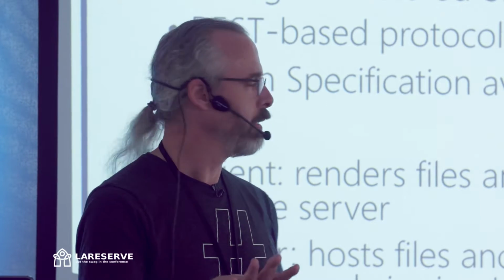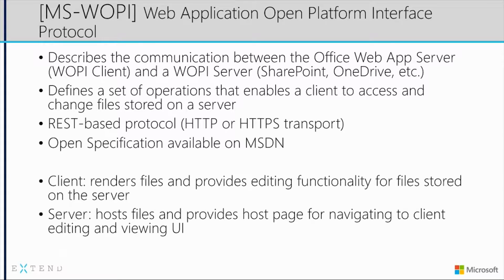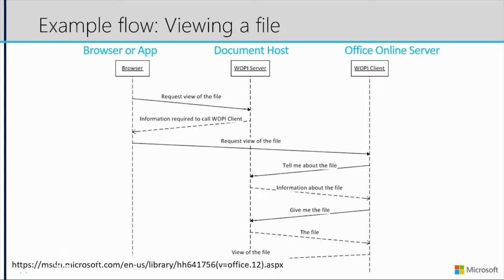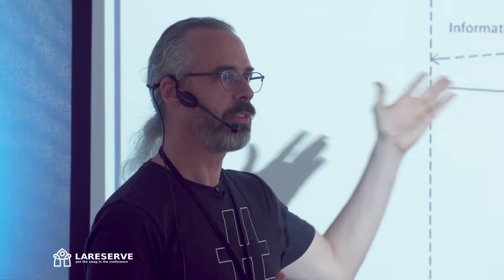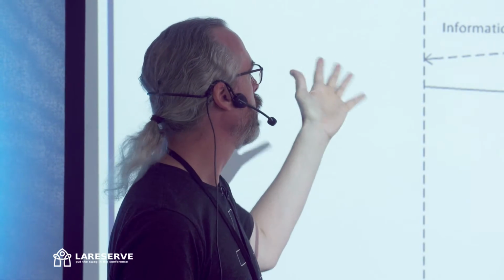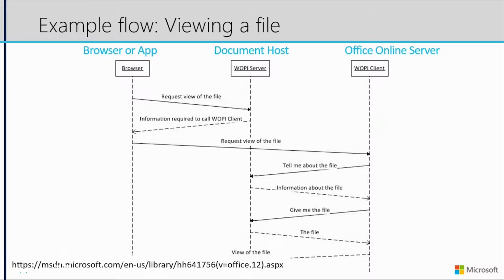And then, of course, I just described the rendering in the browser and then the file host side of this. And this is a diagram directly out of the open specifications. This describes the interaction using the WOPI protocol between these three parts we just saw in the diagram earlier.